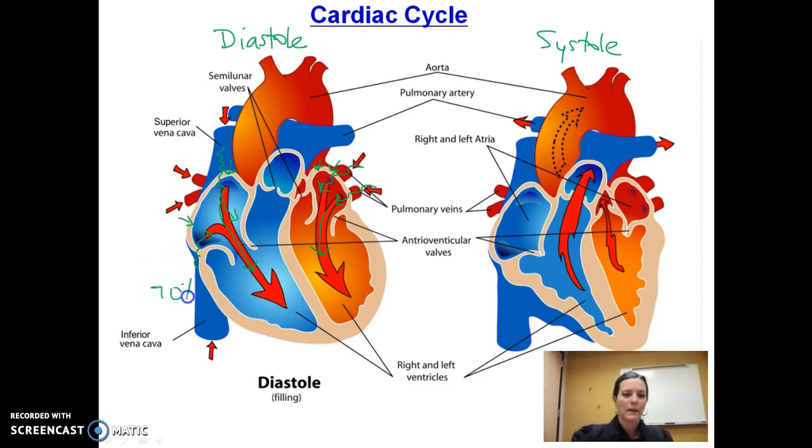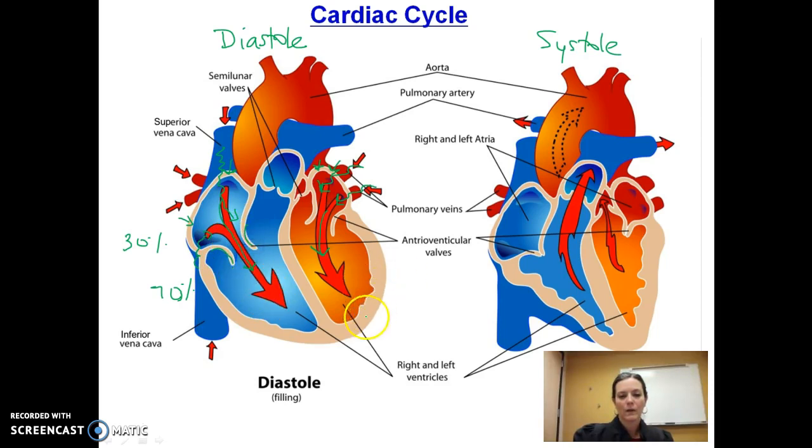About 70% of the ventricular filling happens just through a relaxed atrium, but we need that remaining 30% to get pushed down into the ventricle before we begin the ventricular systole.